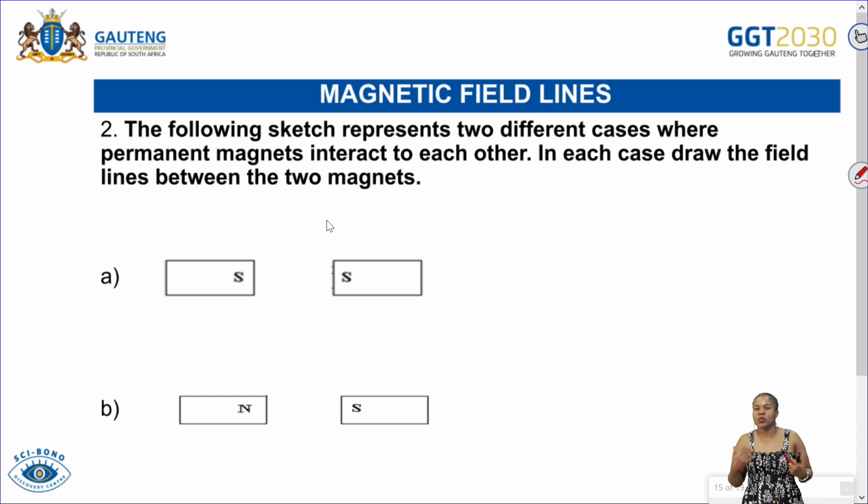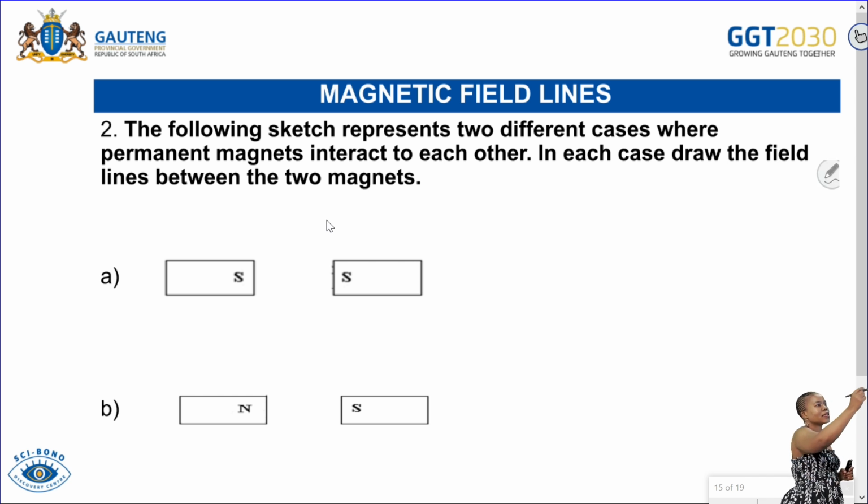Whether it was north to north, in this case they've given us a south to south pole. So what is happening is that because they are pushing, the magnetic field lines are pushing each piece of magnet on the opposite poles, so it's going to be represented like this.